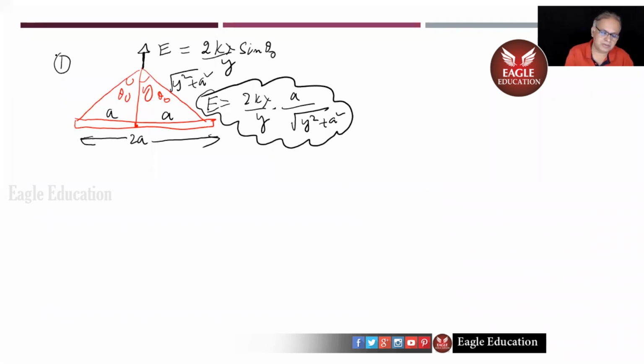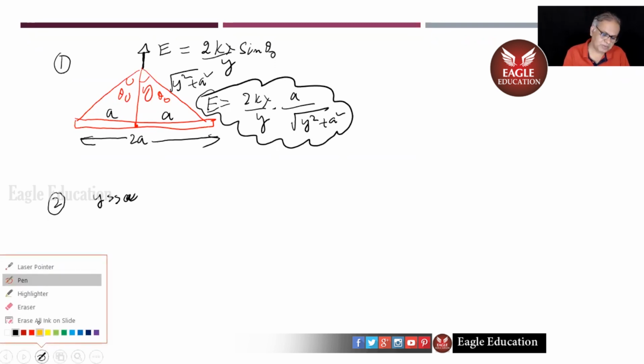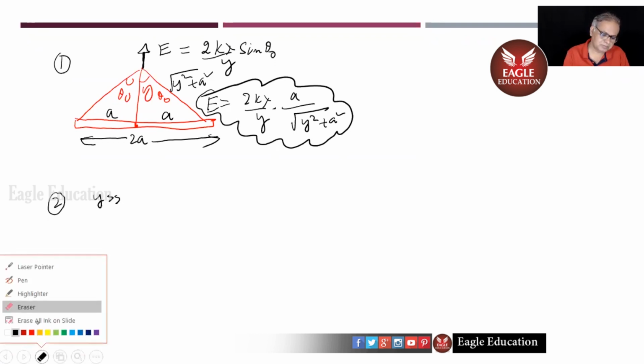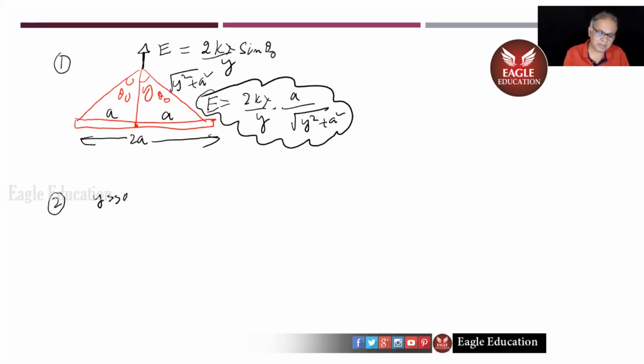All right. Now, the second is a limiting case. Say, for example, y is much greater than a, or 2a, doesn't matter. Do you understand what it means, both physically and mathematically? If you look at it mathematically, the expression E equals 2k lambda by y into a by root of y square plus a square.